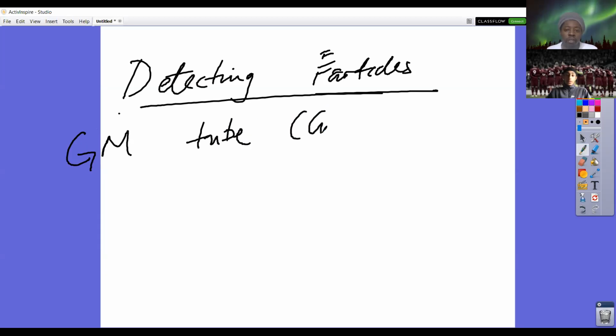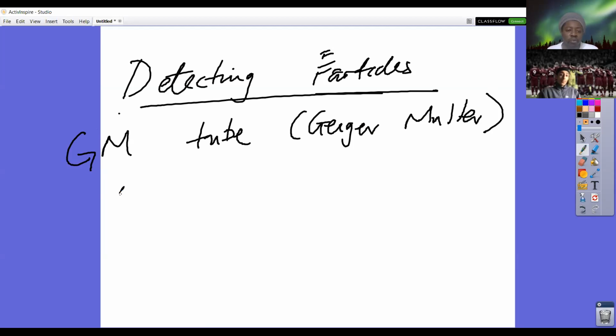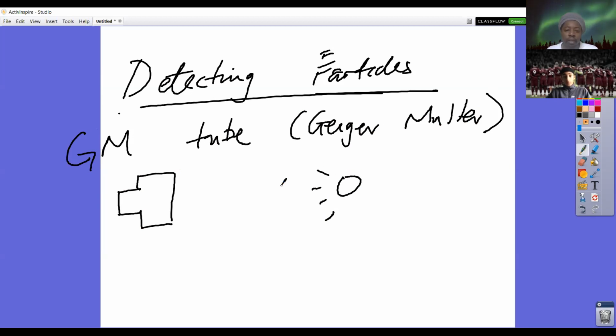In full, it's known as a Geiger Muller tube. So what a Geiger Muller tube does really is, if you've got your radioactive source emitting radioactivity, it's going to ionize the air molecules.